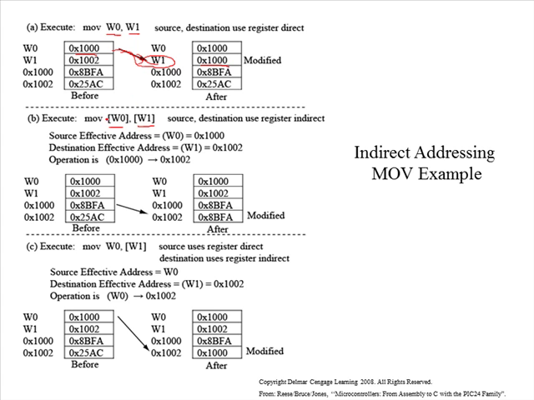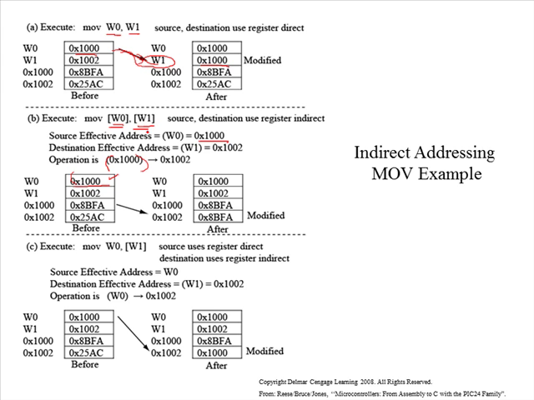So the bracket says, okay, treat W0 as an address. So we're going to take a look at W0 and we'll say, okay, this contains an address, and that address is going to be the value 1000. So what we're going to do is take the contents of 1000 and copy it somewhere. Where are we copying it? Well, we're copying it to the indirect W1 register.